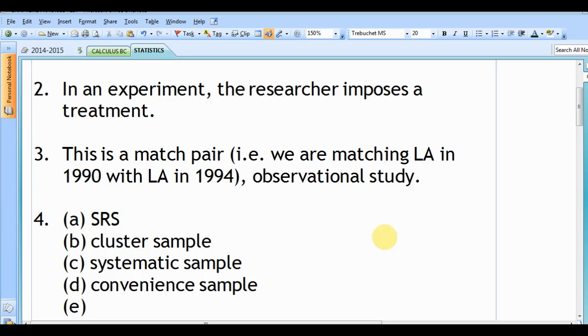How would you make a cluster out of that? B was cluster. No, I know, but I just wanted to figure out the difference between cluster and stratified. So if there's 4 classes, how would you make a cluster? To make that a cluster, you would just pick a number from 1 to 4, and then the entire calculus class is your sample.